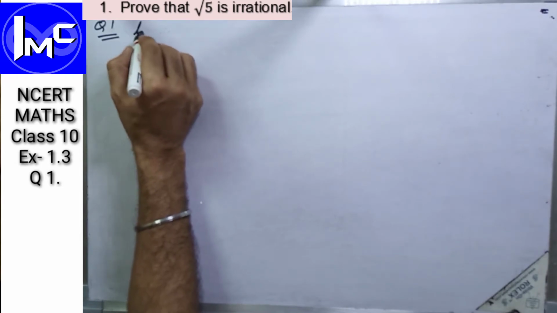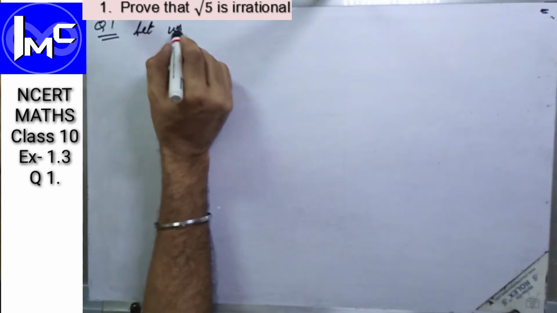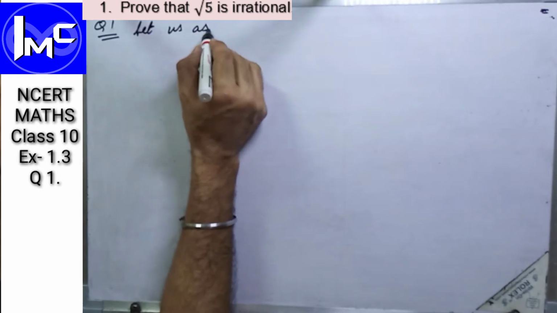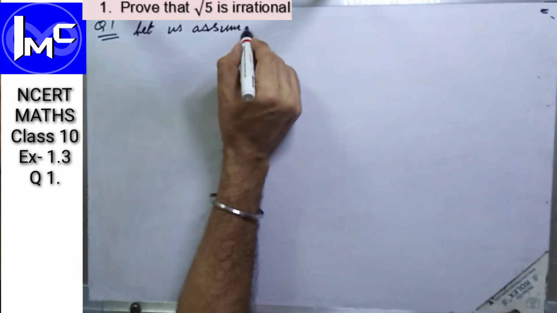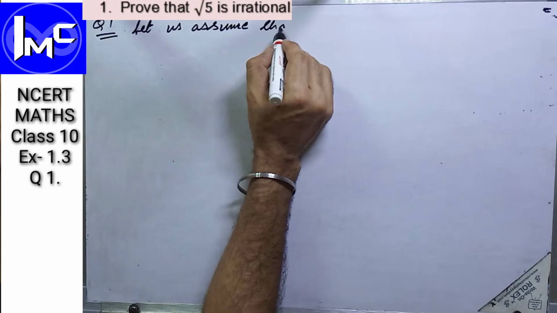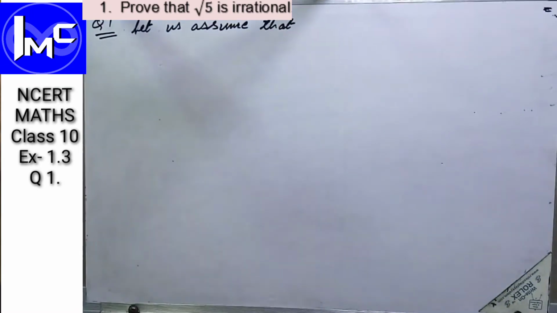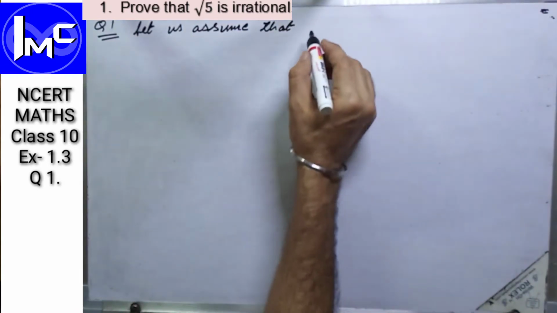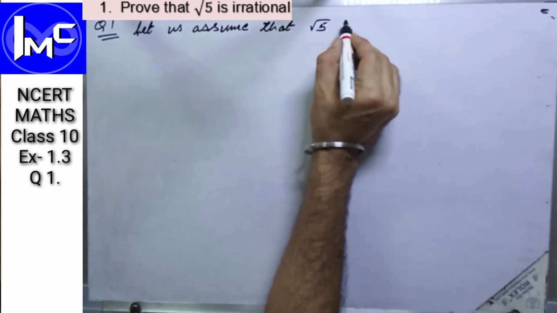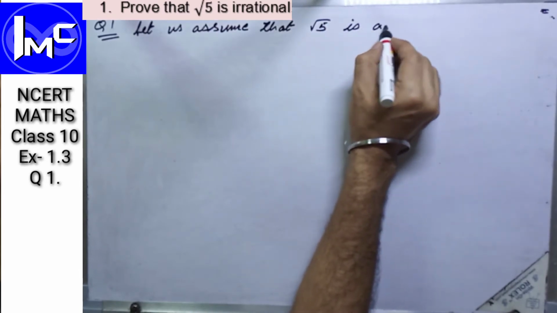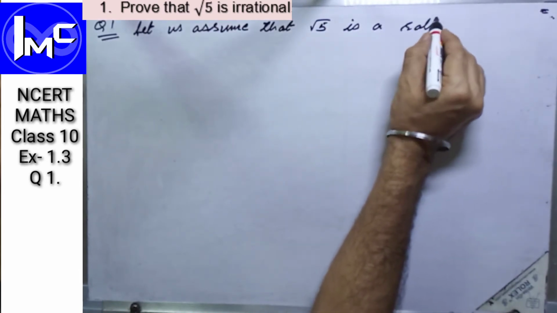First of all, let us assume that under root 5 is a rational number.